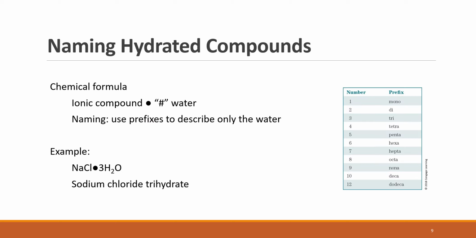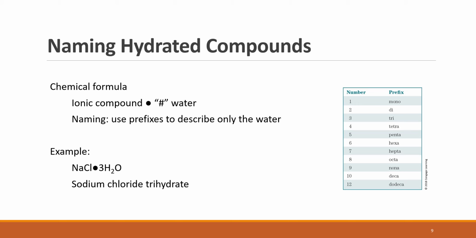Looking at hydrated compounds, we're going to learn how to name them, but first we need to know what a hydrated compound is. So a hydrated compound is an ionic compound that has water molecules trapped in its crystalline structure.